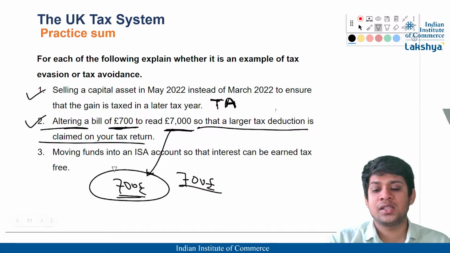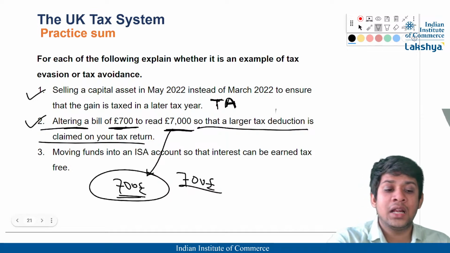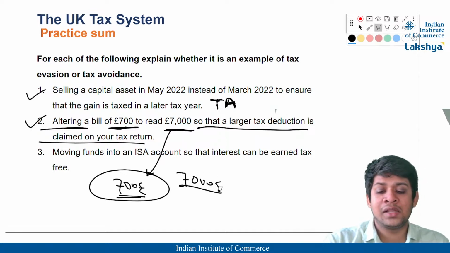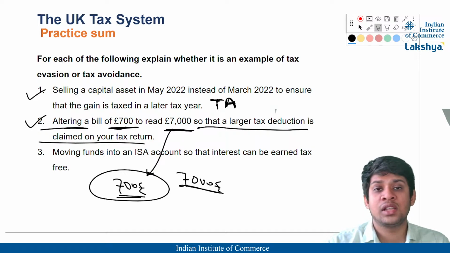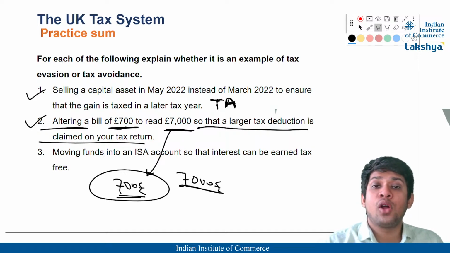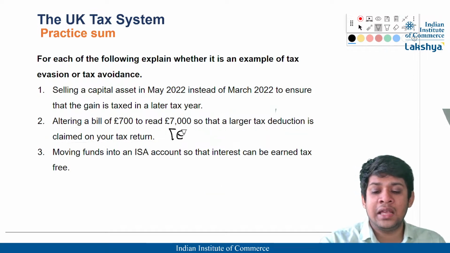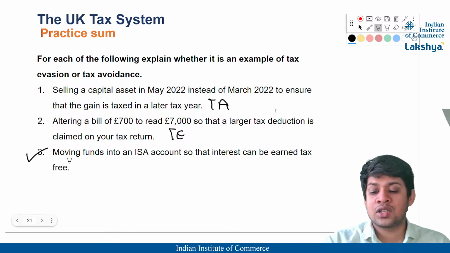That means my expense is of 700 pounds, but deliberately I am stating a wrong amount, that my expense is of 7,000 pounds instead of 700. So that is a fraudulent activity committed by me in order to save my tax. So the second one will be tax evasion. Right, first one is tax avoidance, second one is tax evasion.